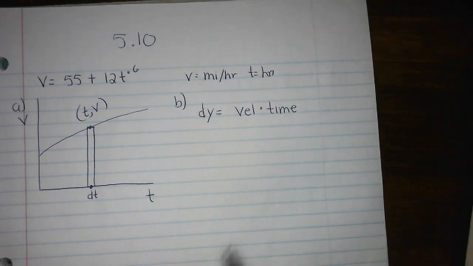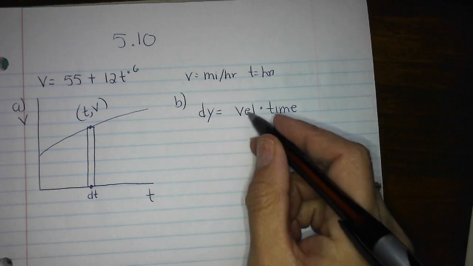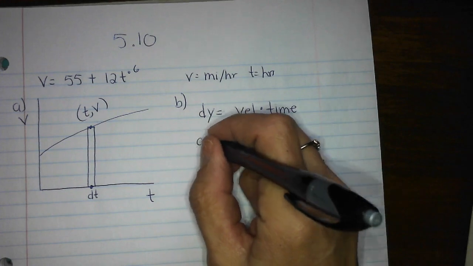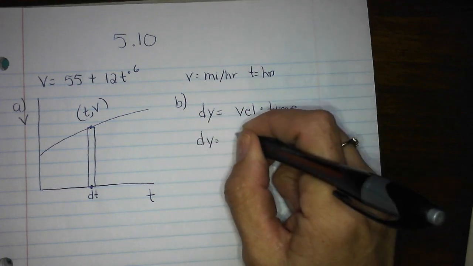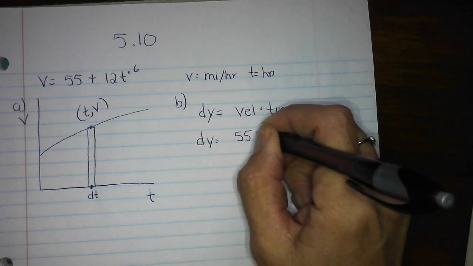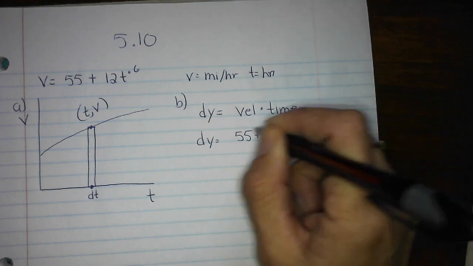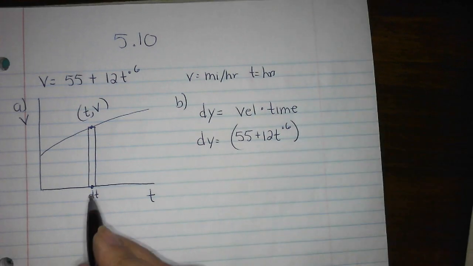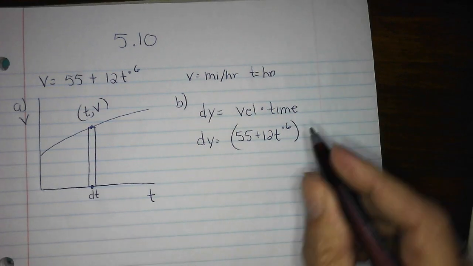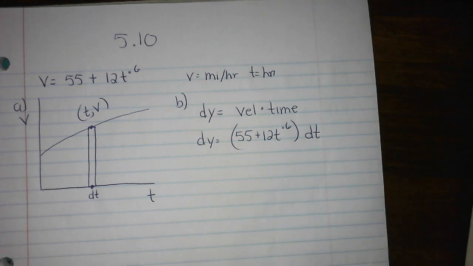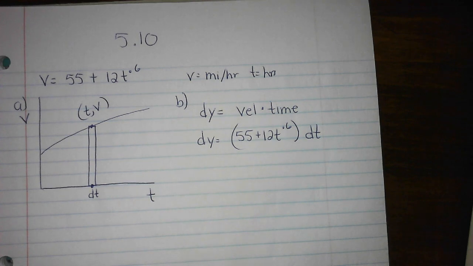I wrote the words out, now we're just going to substitute. Velocity is given by this equation. So dy equals 55 plus 12t to the 0.6, and our time is this generic width here, dt. Okay, that's part B. That's writing your equation.